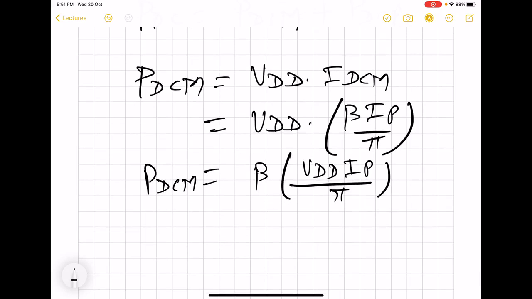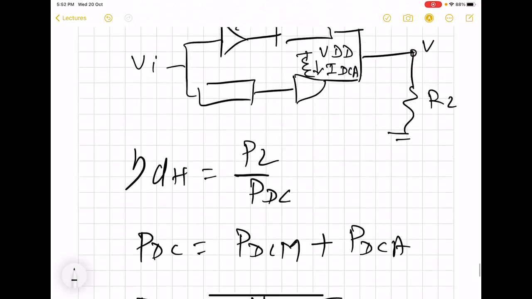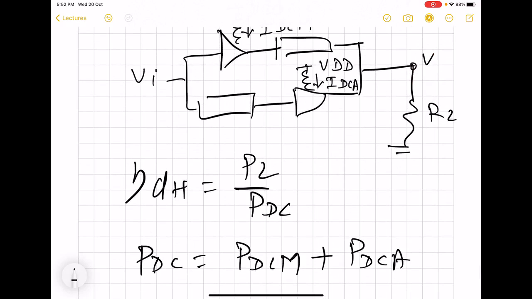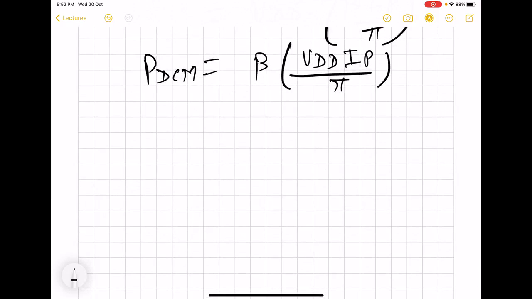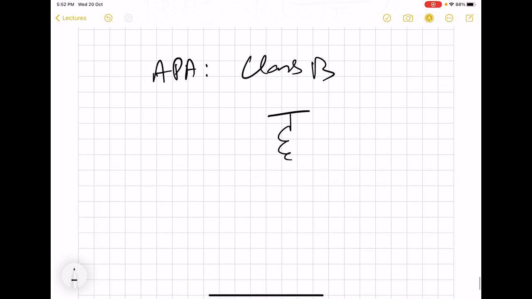Now for auxiliary power amplifier, we will have to see what is the DC power drawn by this. So this auxiliary power amplifier is also class B. So circuit for auxiliary is also going to be like this.